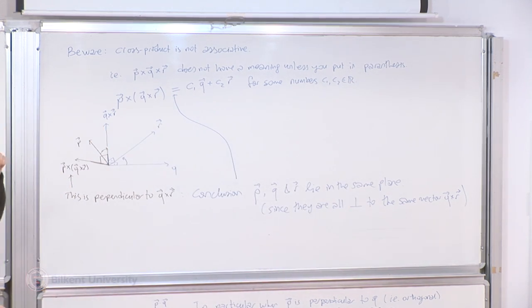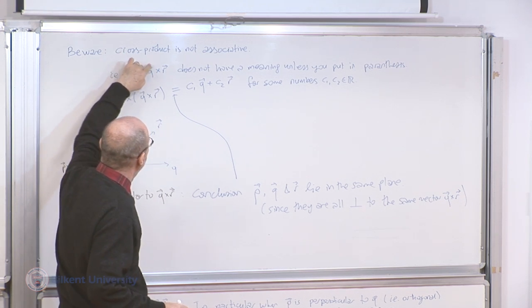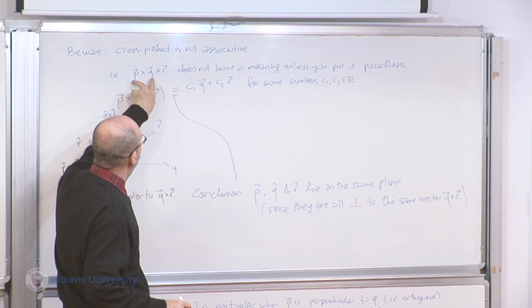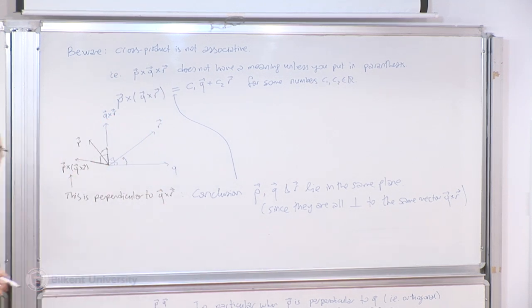Okay. Obviously, if you now put parentheses here, it will be in a different plane, not in this plane. So you don't expect these to be the same vector. They will be all lying in different planes, maybe perpendicular to each other.